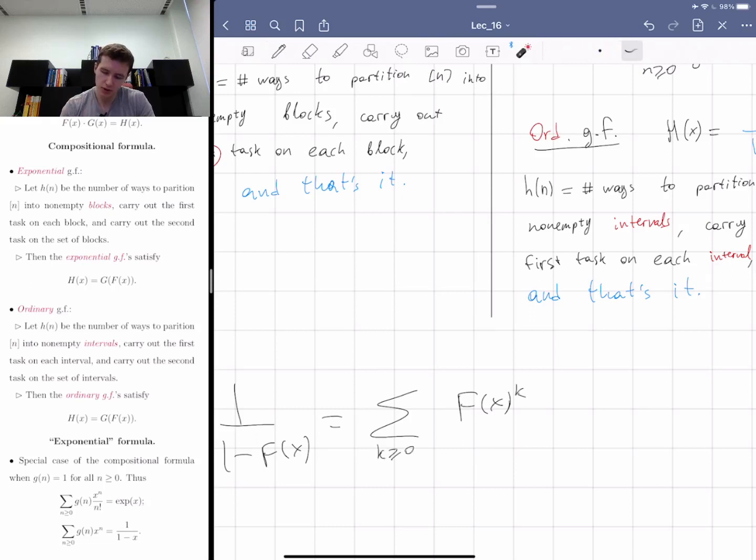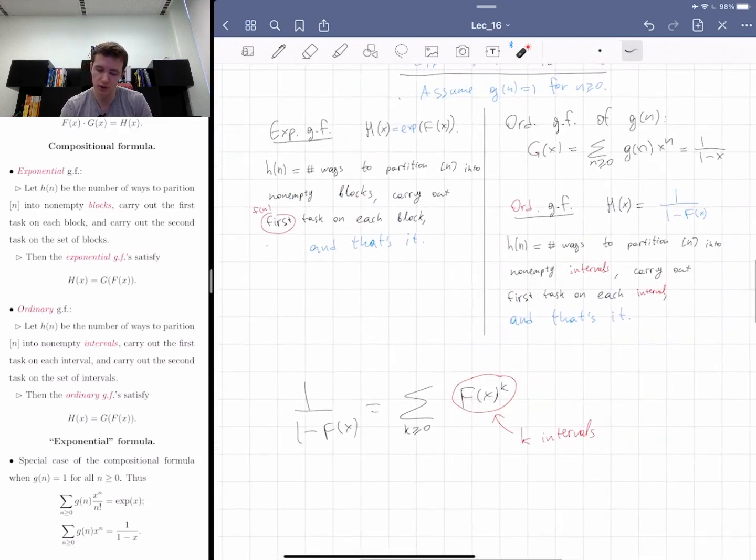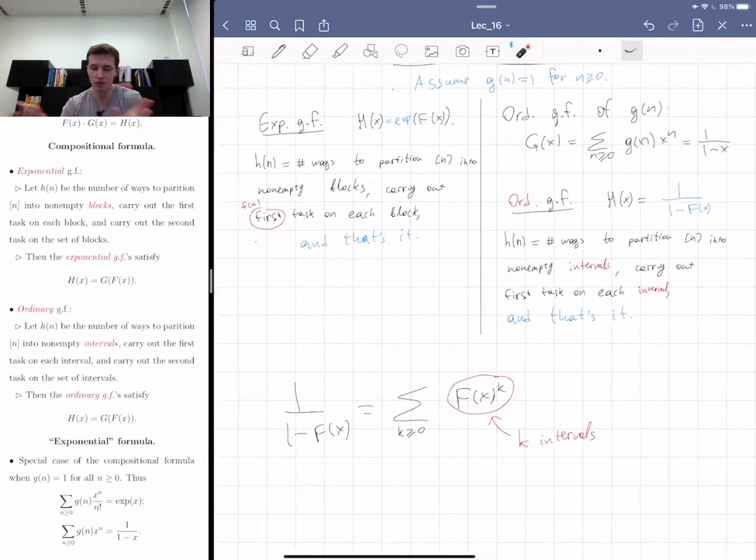So each individual term corresponds to the case where you have k intervals, by the product formula. So you fix the number of intervals, and then you get f of x to the k. That's the ordinary generating function. Because the intervals are going to be ordered, you don't have to divide by k factorial.